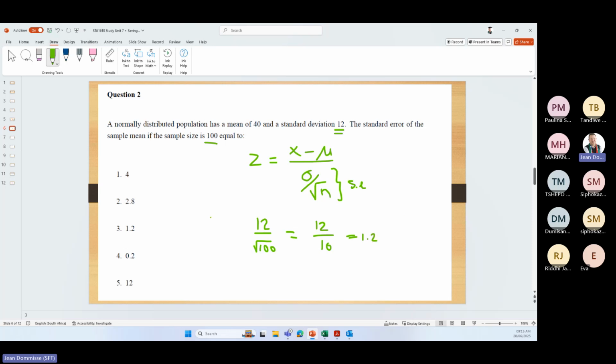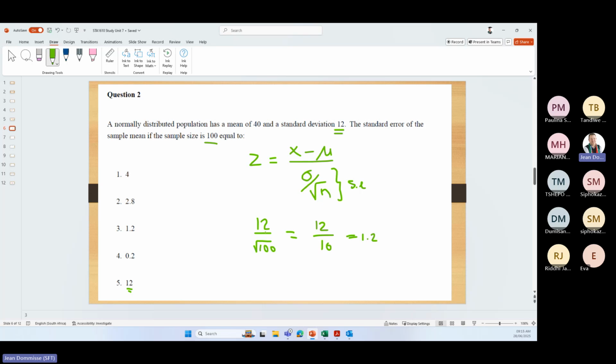Okay, so now you can see they have given you a few options that might even seem correct. If you just worked with the standard deviation, there was an answer. If you used the 100 and the 40, I think you get to 2.8 or something like that, if you said 100 divided by the 40.